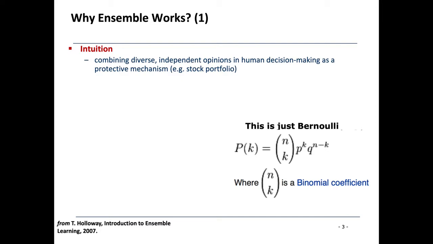So why ensembles work really is related, if we wish to describe a very simple model, to the idea of a Bernoulli trial. What we're trying to do is combine a number of what we consider to be independent opinions.